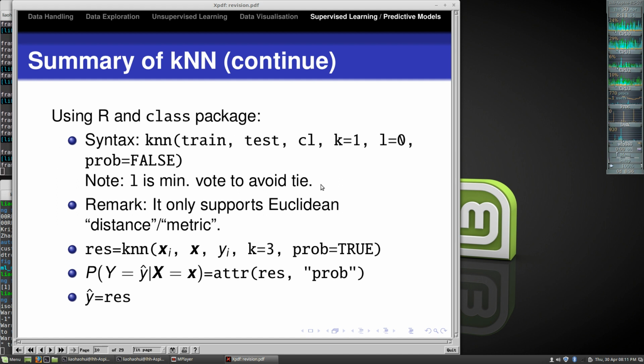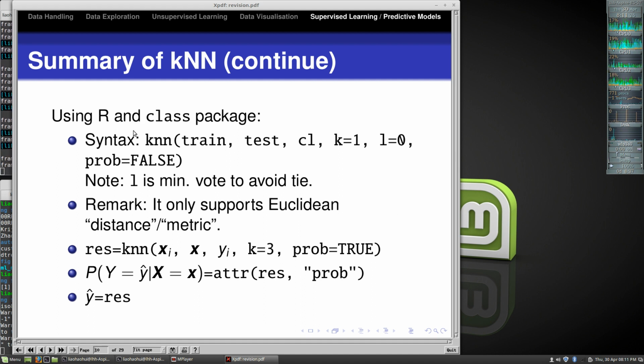If we set it to be 1, then it will require both. Let's say k equals 2, then we have to have 2 in order to confirm it's this type, otherwise it's the other type.